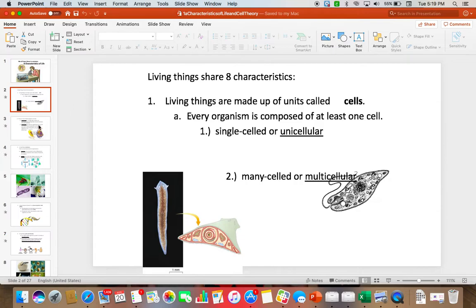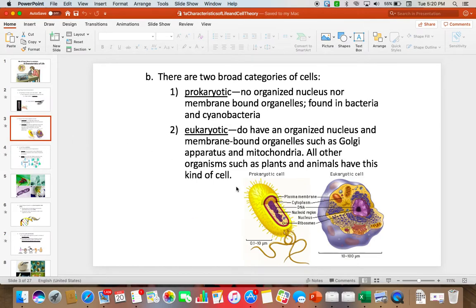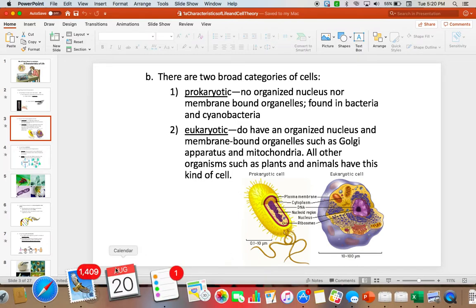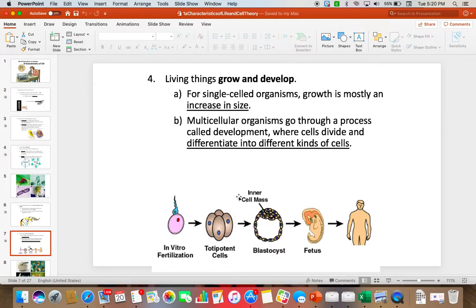And remember, when we look at organisms that are multicellular, those cells are different from each other. And that's where the concept of cell differentiation came in. I showed you this picture here. So this kind of plays into that. This is another characteristic of life, growth and development.